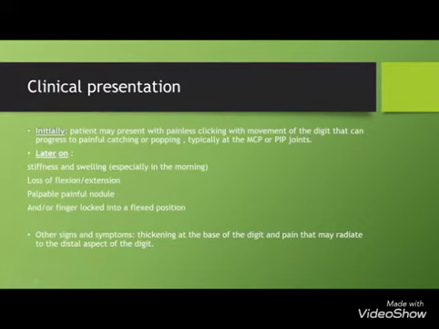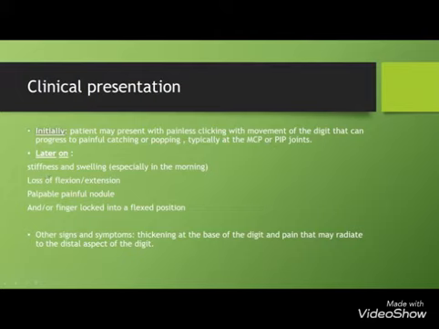Clinical presentation. Initially, the patient may present with painless clicking with movement of the digit, then progress to painful clicking and popping. Sometimes the finger may get stuck in either flexion or extension position. Most commonly, the finger may be stuck in flexion position, and typically the affected joints will be the metacarpophalangeal joint and proximal interphalangeal joint.